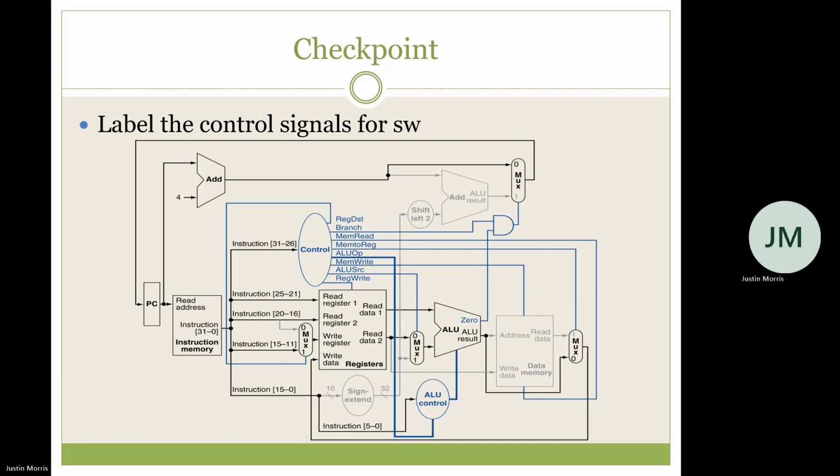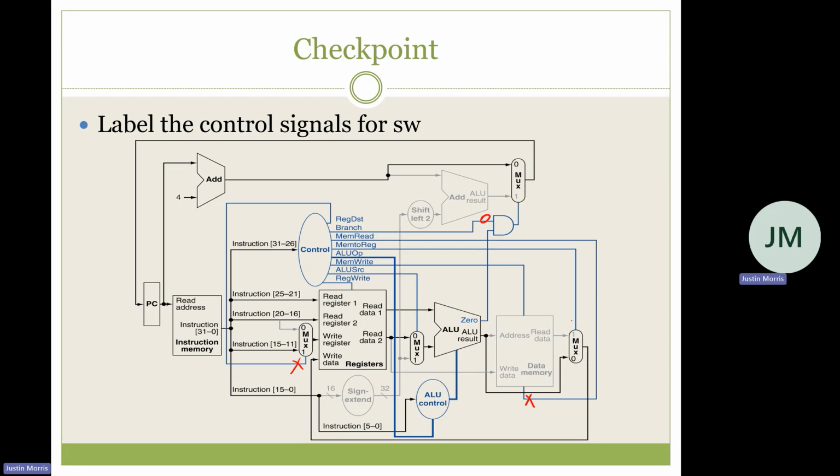Store word. Register destination is we don't care, right? Branch. Mem read. Yeah, we don't care about reading from memory.